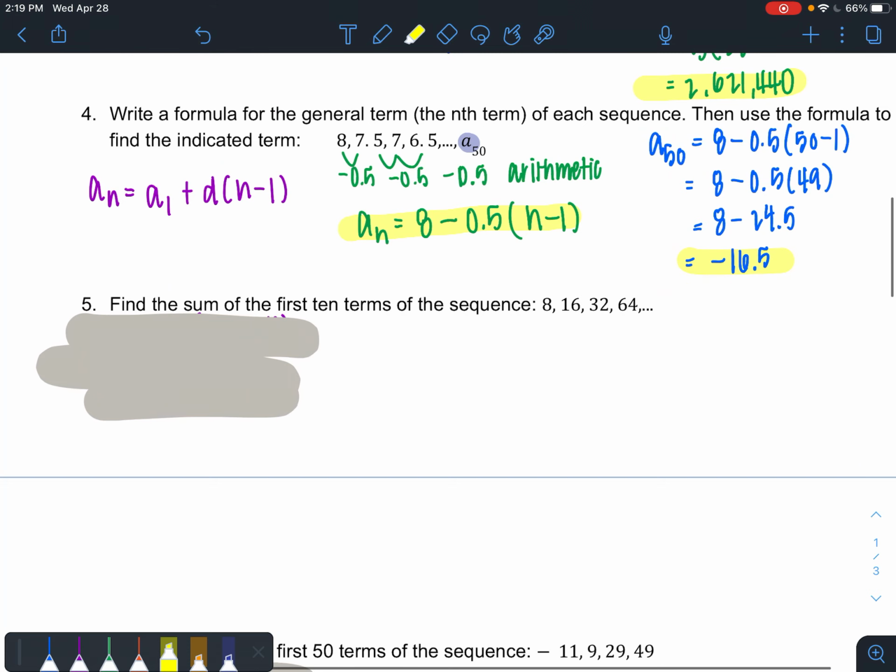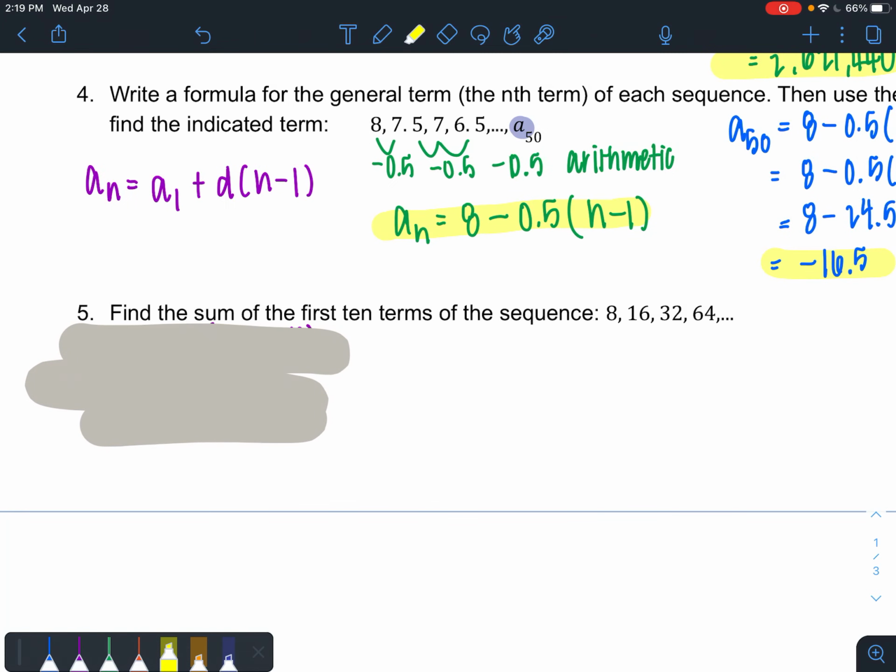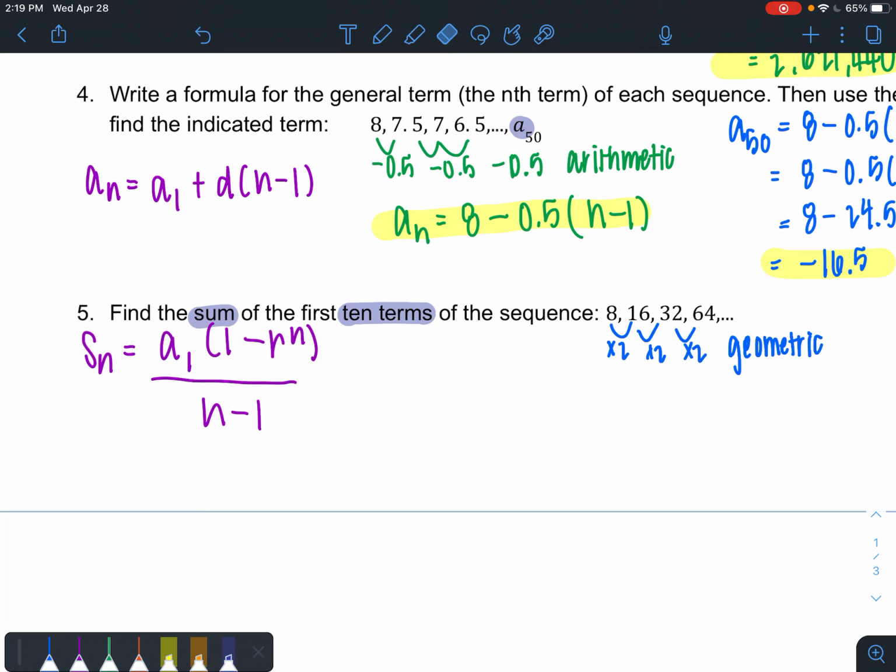All right, find the sum of the first 10 terms. So sum 10 terms, and here's our sequence. Now we can continue the sequence, but we are going to use the formula. So this is times 2, times 2, and times 2. So it's geometric. So we're going to use this summation formula.